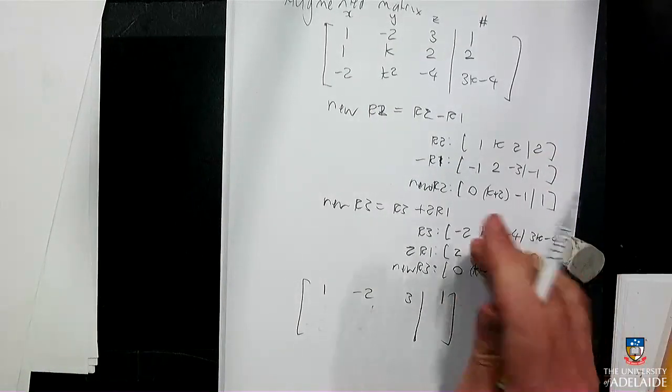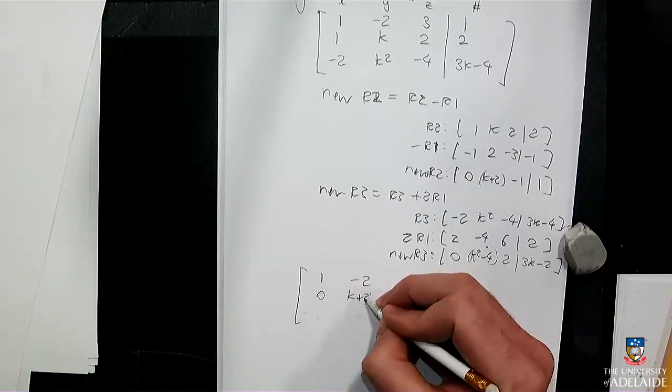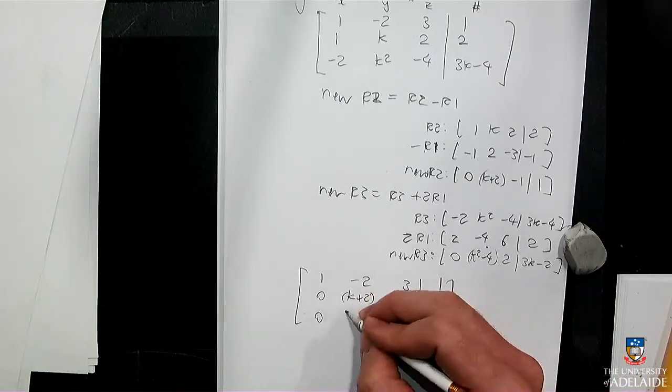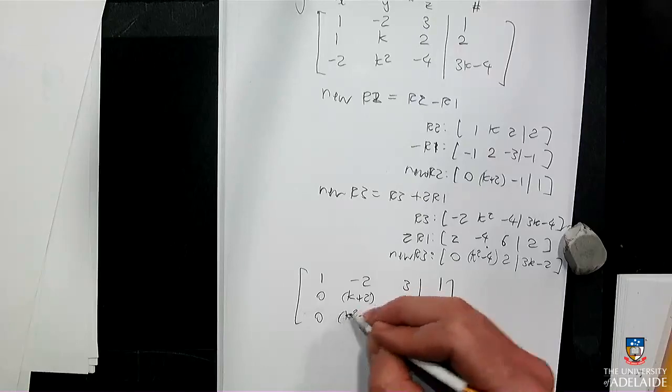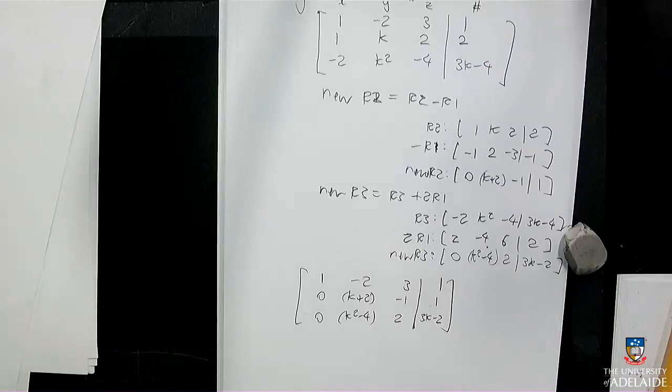Row 2 has become this here: 0, k plus 2, minus 1, 1. 0, k squared minus 4, 2, 3k minus 2. Okay. Well, I don't like it.